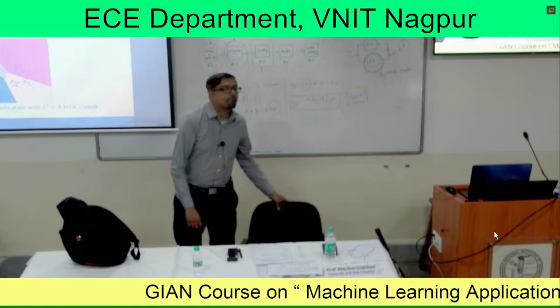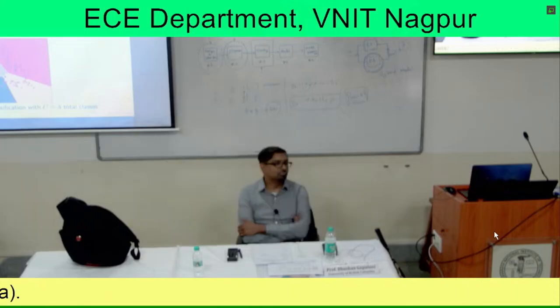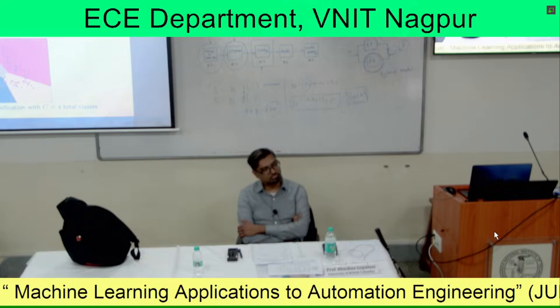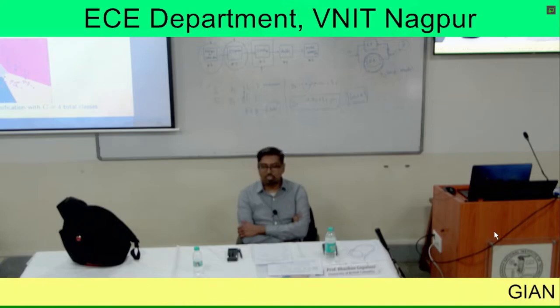Sorry, what do you mean by hard cluster? I see. So your boundaries are sort of soft. Is that what you mean? The classification algorithms that I showed here have hard boundaries.